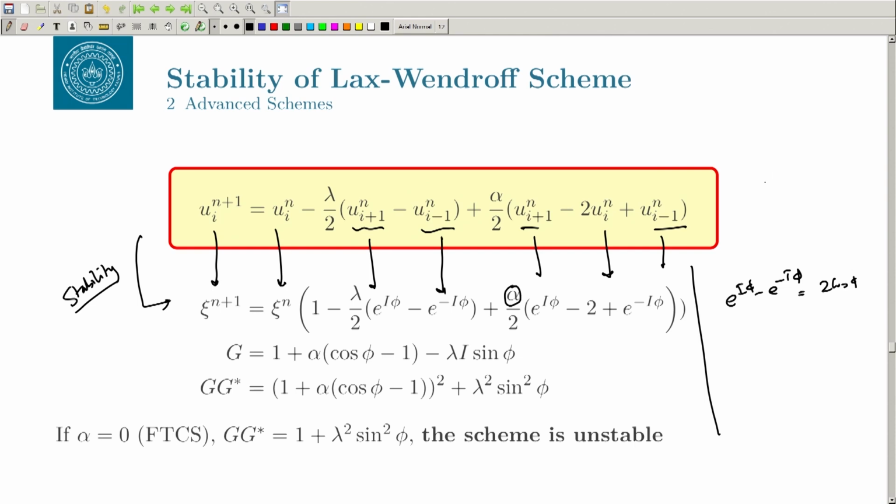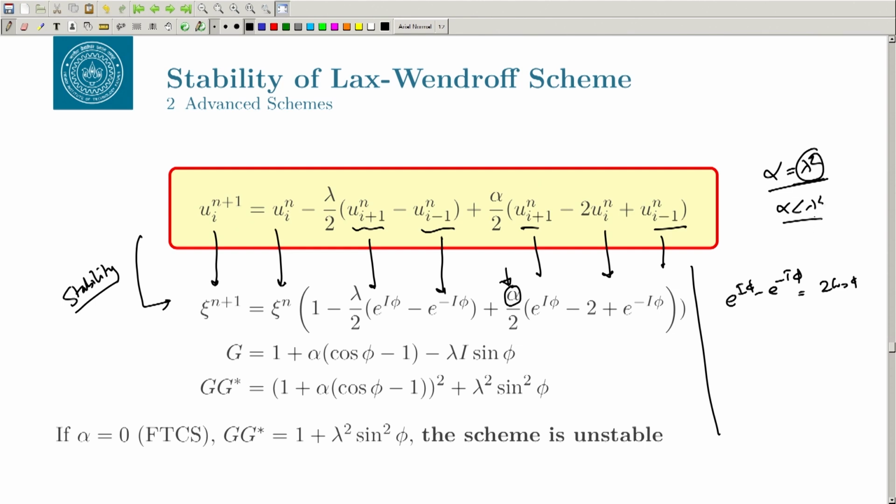For the Lax-Wendroff scheme, alpha equals lambda square, as we showed in the last slide, but we are doing it for a general alpha. We are trying to see up to what diffusion number we can use. Can we use lower than this or greater than this? What happens if you use lower than lambda square or greater than lambda square?